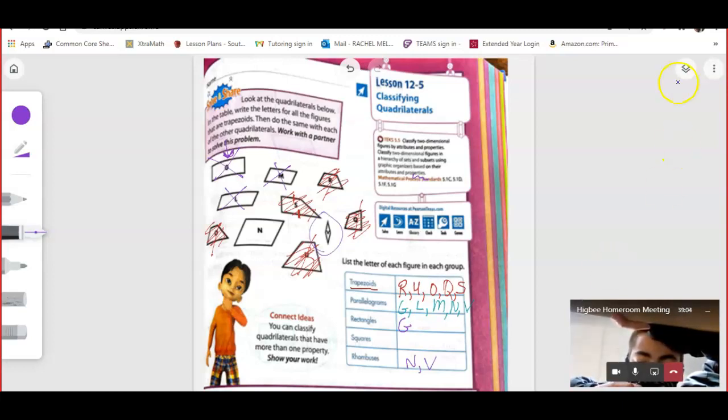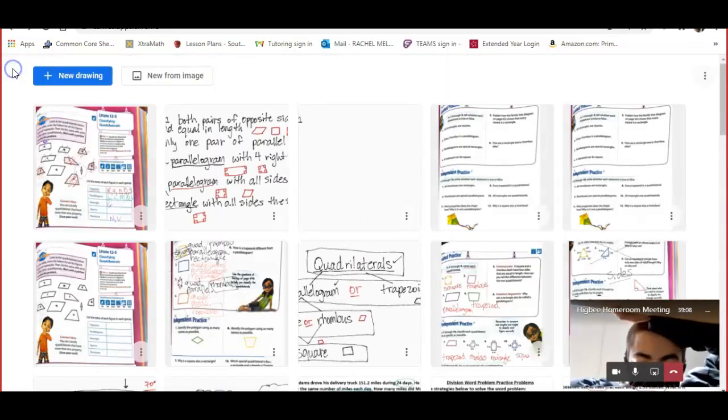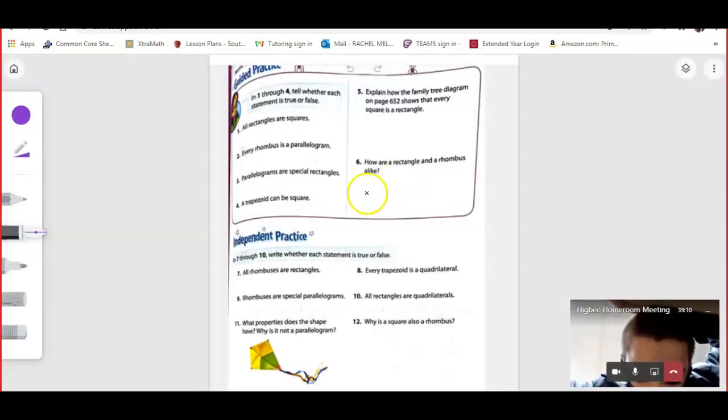The next thing we're going to do, let me get to the paper. We're not going to do all of these, just a few of them. These are statements that we're going to tell whether they're true or false. We must use the definitions to prove whether it's true or false.